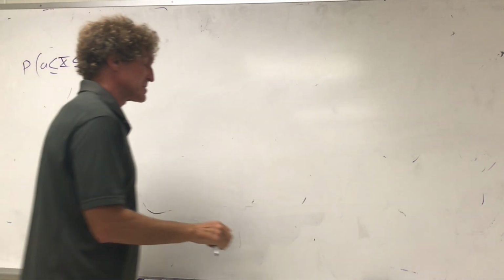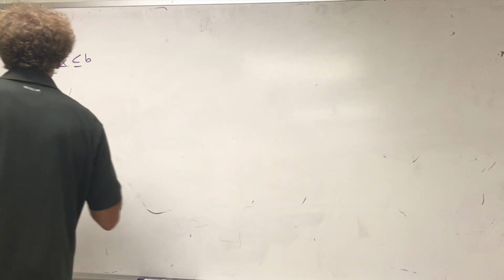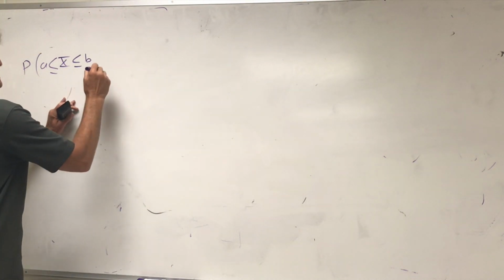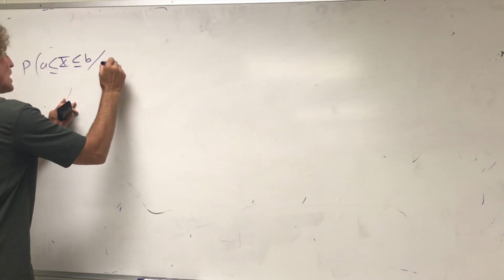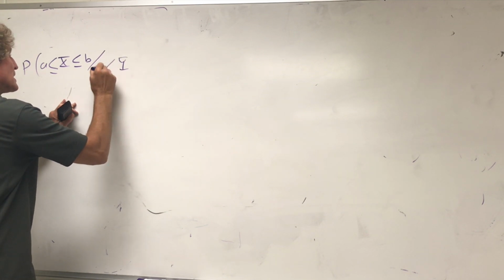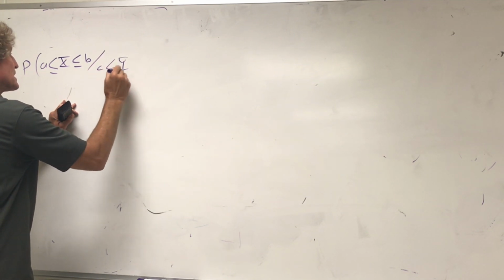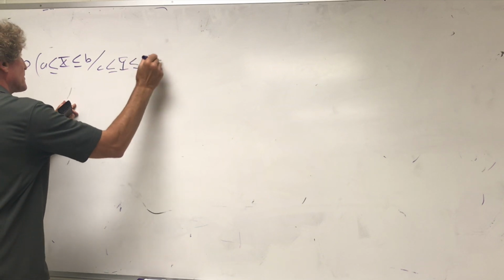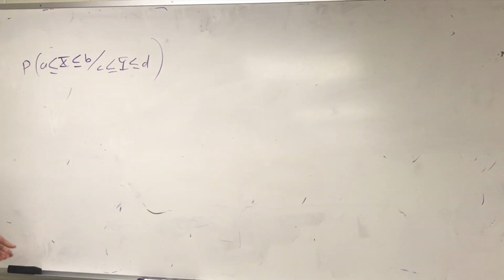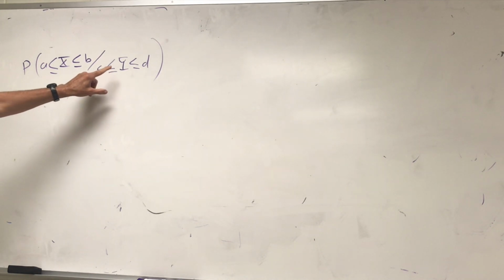Better yet, let me do it this way. Yeah, I'll say this, given that y, random variable y, is between c and d. Well, now for this one, if you think about it, we want this based on this condition.